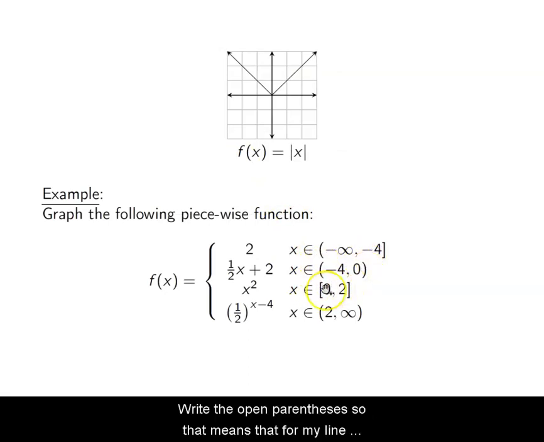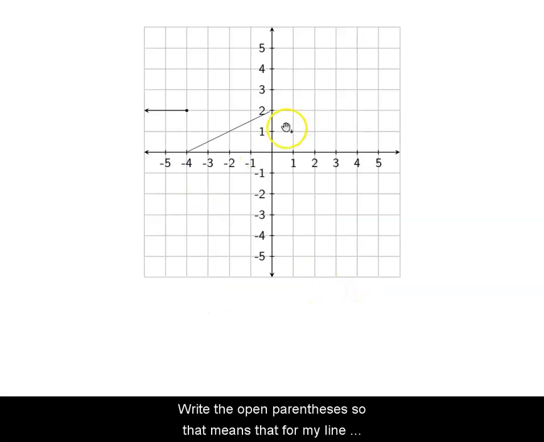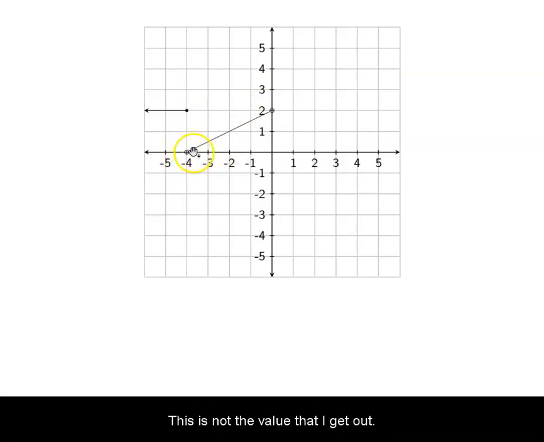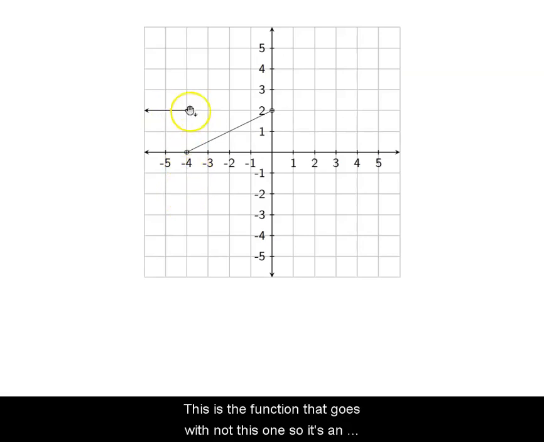They're open parentheses, so for my line I have an open endpoint for both. That means that if I evaluate my function at negative 4, this is not the value I get out; this is the value I get out. If I plug in negative 4, this is the function it goes with, not this one. So it's an open circle here, closed circle here.